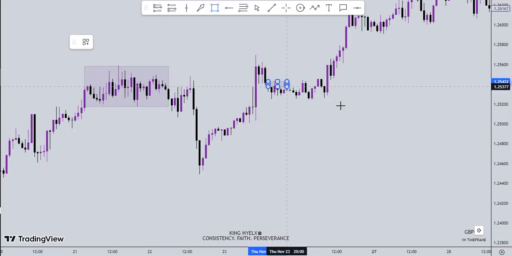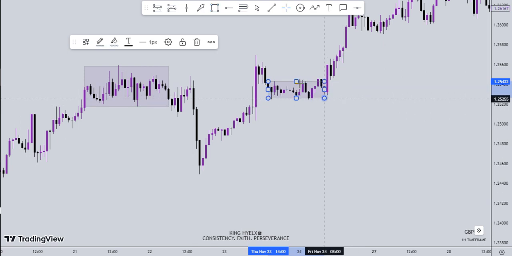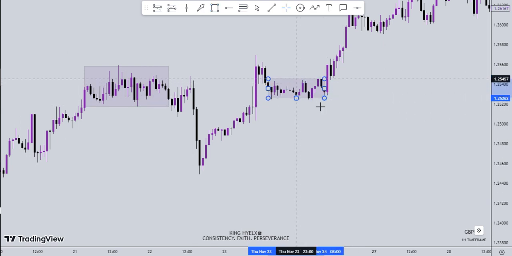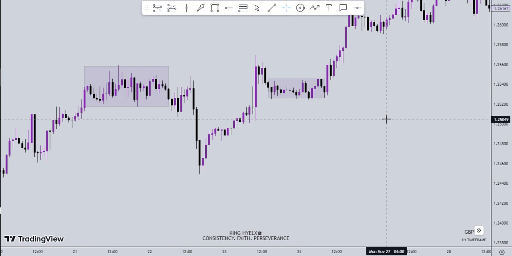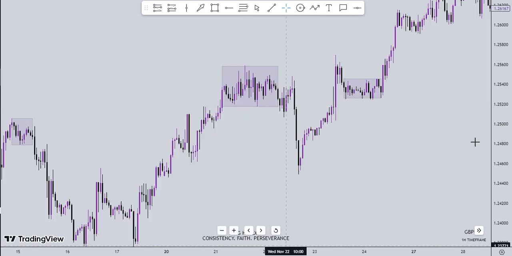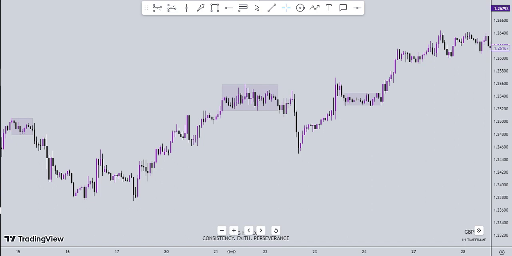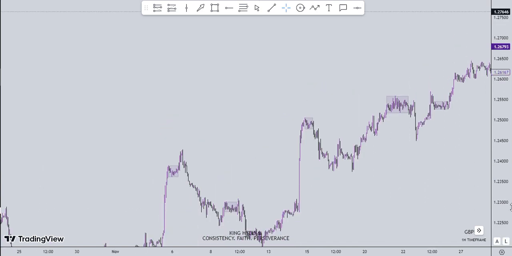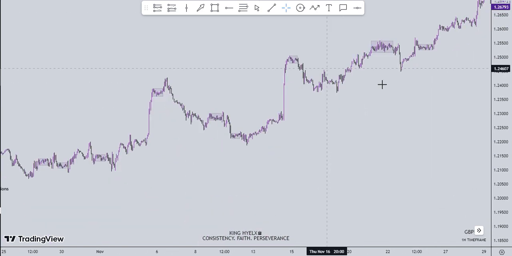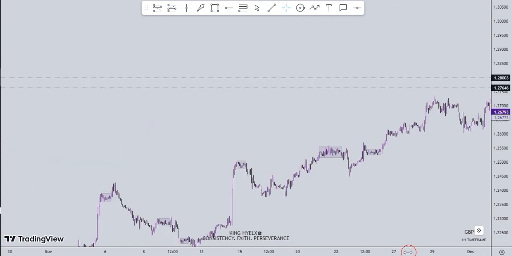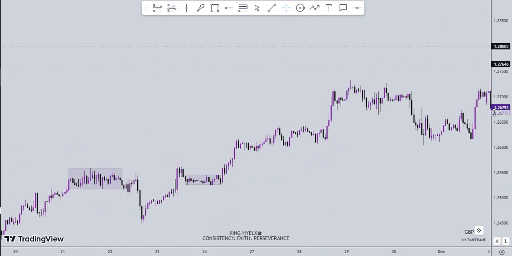Let me zoom out. All these that we've outlined are consolidation. Can you see now that we zoom out, there are some other sharp movements, but these ones were trading within a particular range. Your eyes will just have to get used to this.